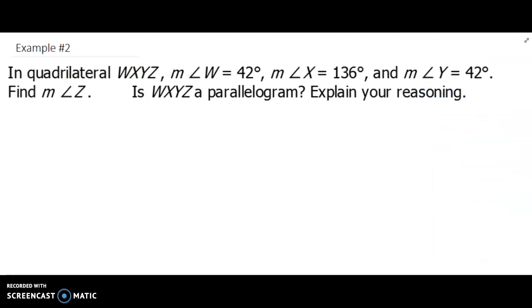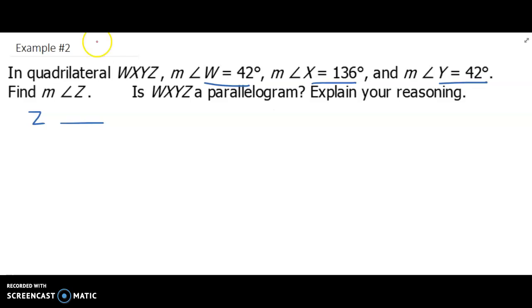All right, I want you to look at example 2 and answer this question, and then we'll review it. It says in quadrilateral WXYZ, angle W is 42, X is 136, Y is 42, Z we don't know. And we want to know, is this a parallelogram?